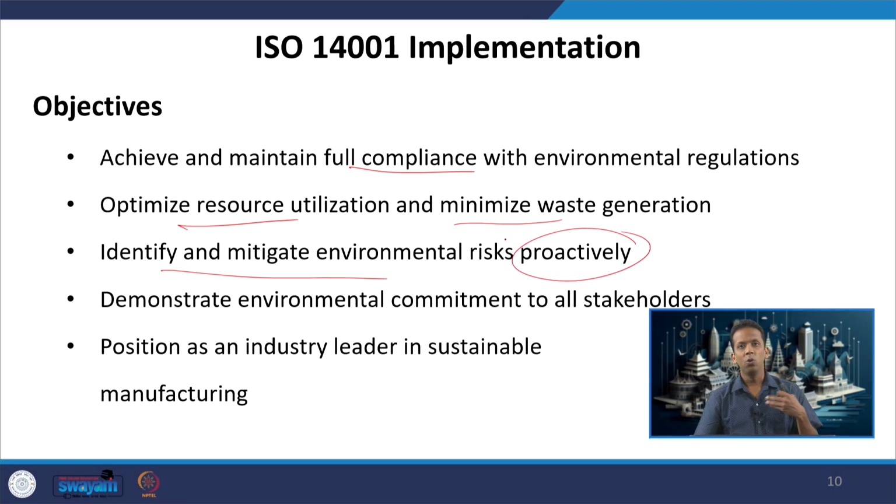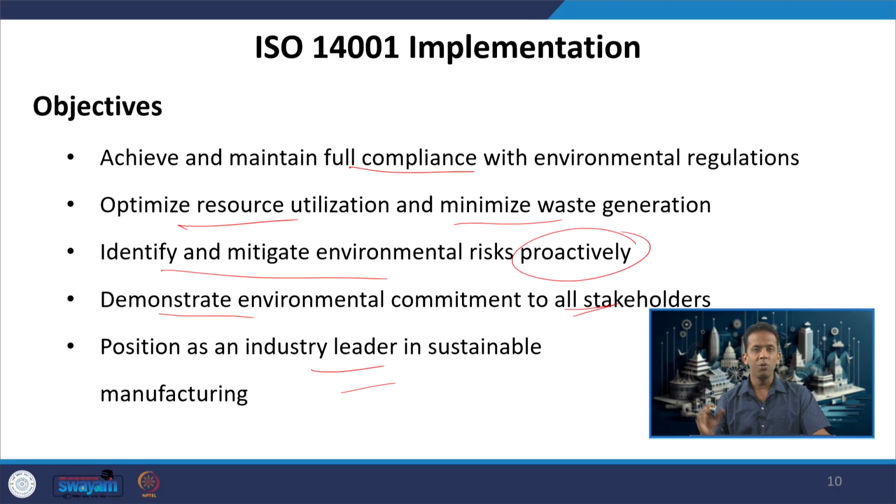Proactively means you try to predict, based on the environmental aspects, what impact it is going to have on the environment, and then accordingly take a measure to reduce that impact. So, that is a proactive approach. Demonstrate environmental commitment to all stakeholders: if they get this certification, it will send a message to all the stakeholders, and it will also strengthen their position as an industry leader in sustainable manufacturing.